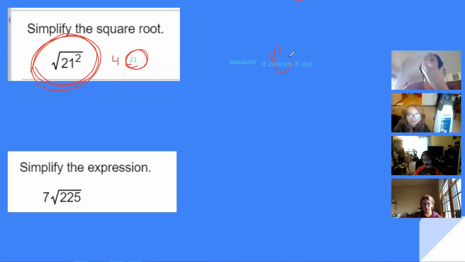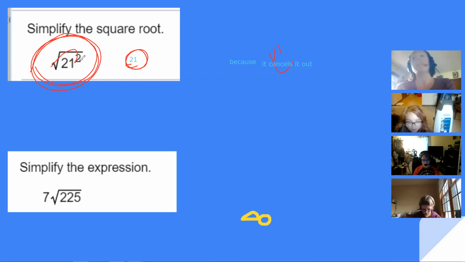They cancel. Yes, even better. It just cancels out. You're right. Whenever you have the square root of something squared, it cancels out. Mathematically, what would happen is you would first take 21 and square it, and then take the square root. And that's just very redundant. We don't need to do that.